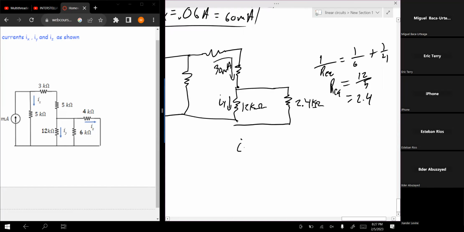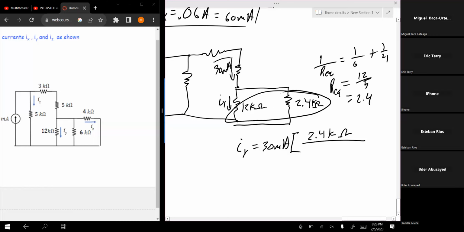So we're going to find IY. IY is equal to the total amperage that's going to split, so you have 30 milliamps, and we're going to multiply that by the opposite resistor, and then divide it by the sum of the resistors that are in parallel, meaning it's going to be 14.4 kilo ohms.